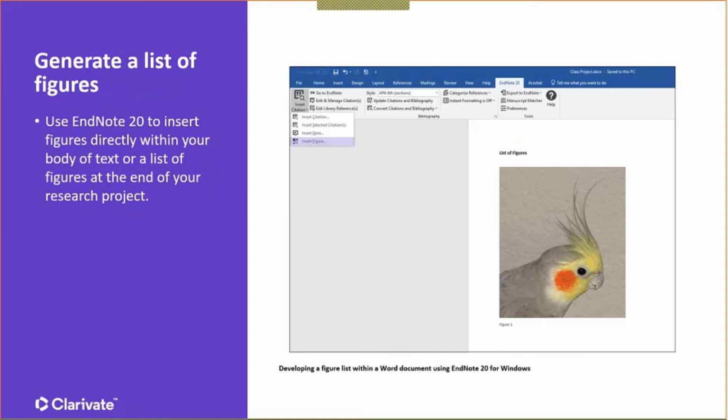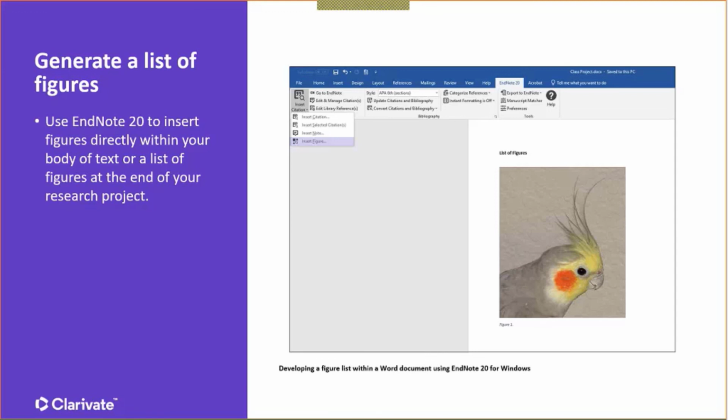If you choose to ask EndNote to manage your figure list, I usually recommend inputting your figures after you've developed all other elements of your document. If you've worked with images in Microsoft Word in general, it can be very finicky, where if you insert an image and change just a little bit of your layout of text, everything really goes wonky.